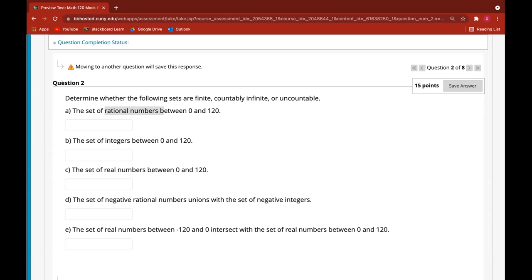Is it finite? Is the set of rational numbers between 0 and 120 finite? Finite means you are able to tell me how many rational numbers there are between them. If I ask you how many rational numbers are between 0 and 120, how many are there?